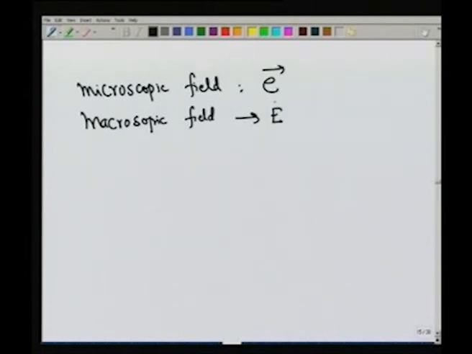Let me imagine that. So how do I define my macroscopic field E given by the microscopic field E? I will write it to be the spatial average.